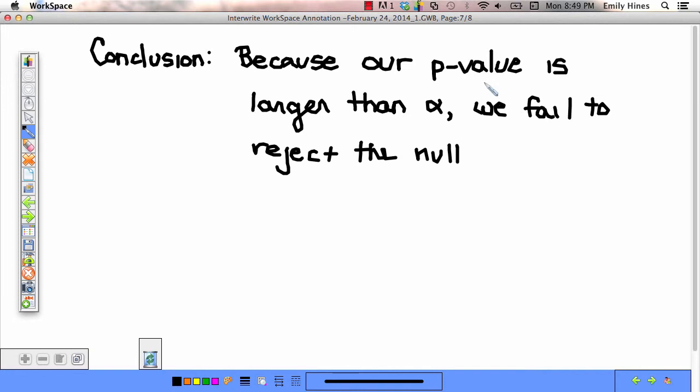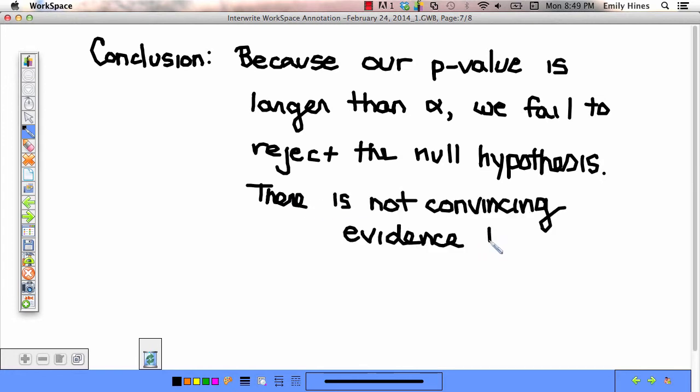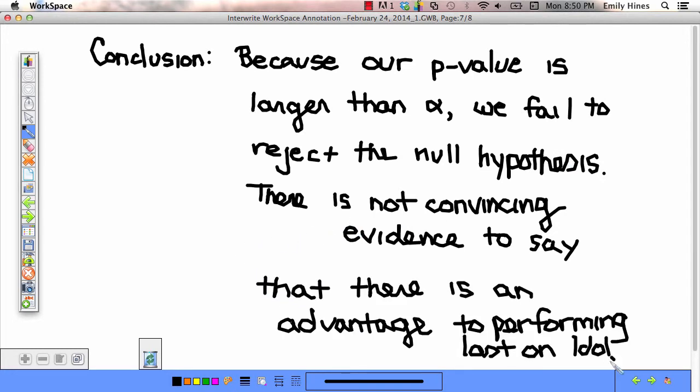And obviously, if this was flipped, if the p-value was smaller, then you would reject the null. Okay, this is sentence 1. Sentence 2 is where you get your context from. There is not convincing evidence to say that there is an advantage to performing last on American Idol.